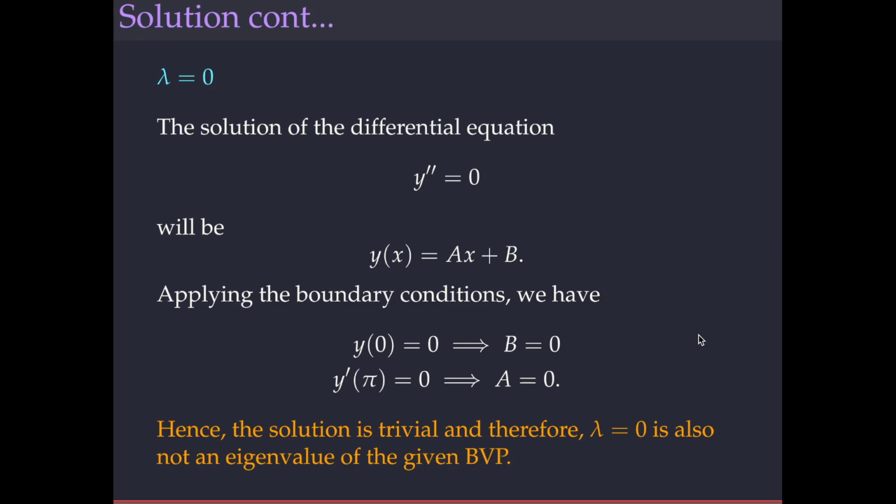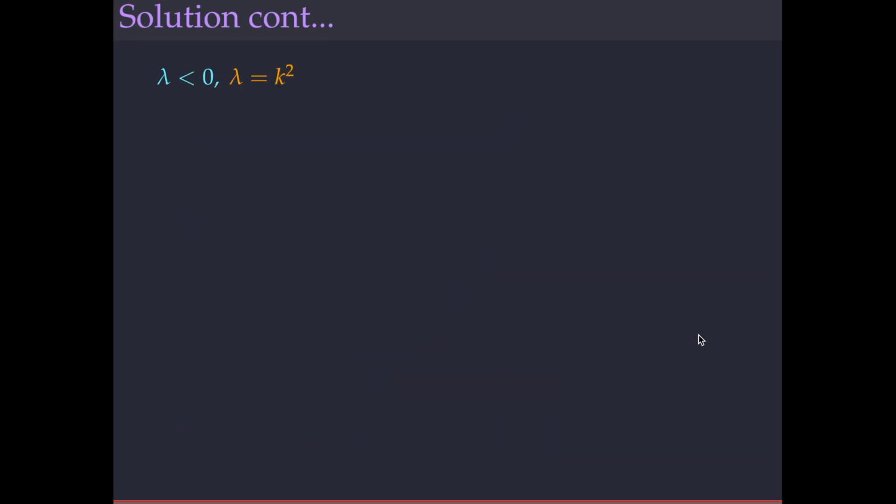So lambda less than 0 is not possible, and lambda equals 0 is not possible. What about lambda greater than 0? If lambda is greater than 0, I can write lambda equals k squared, where k is some real number.